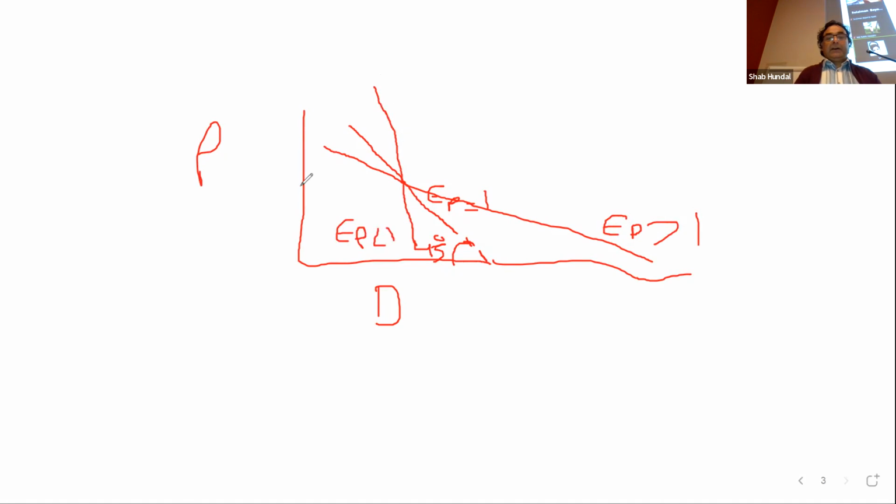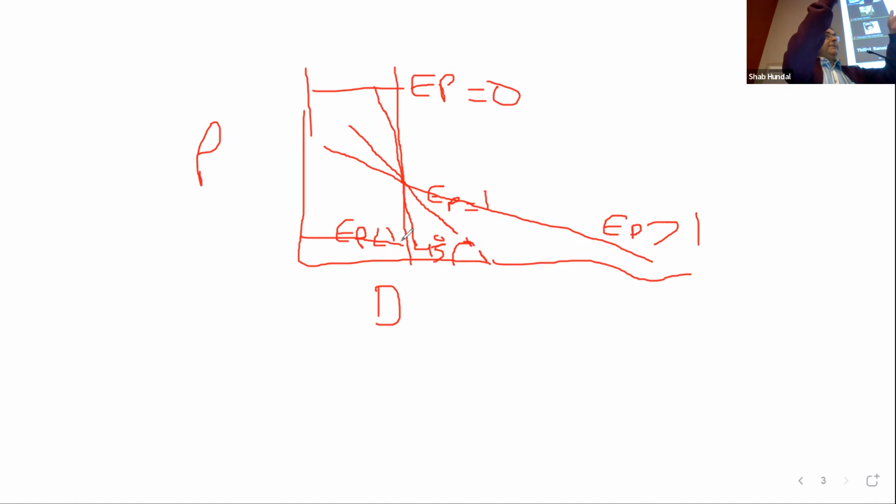If the demand curve is absolutely numb, non-reactive, so the demand curve is absolutely on the 90-degree vertical axis, then I would say the price elasticity is 0. Price is too high, is too low, demand is the same.